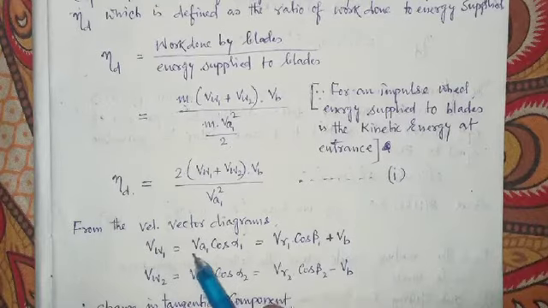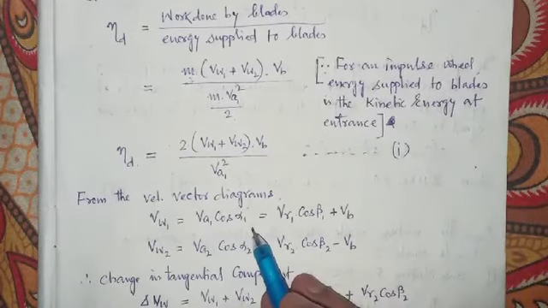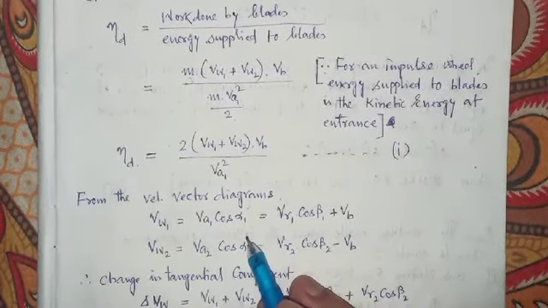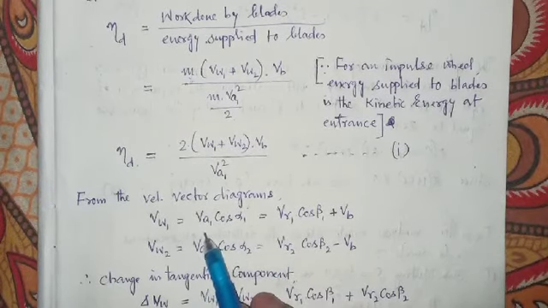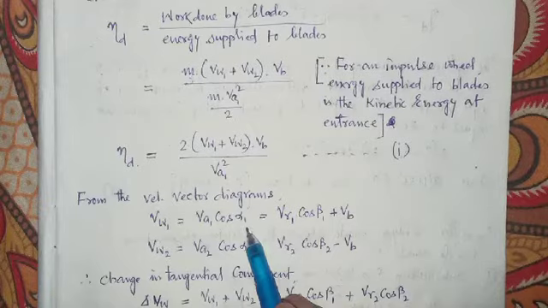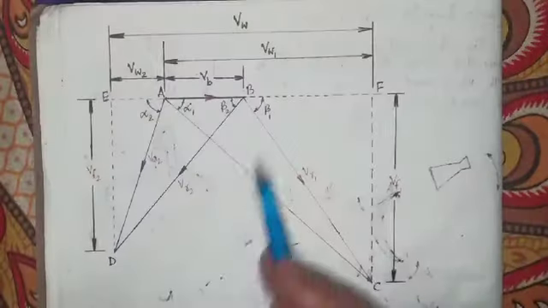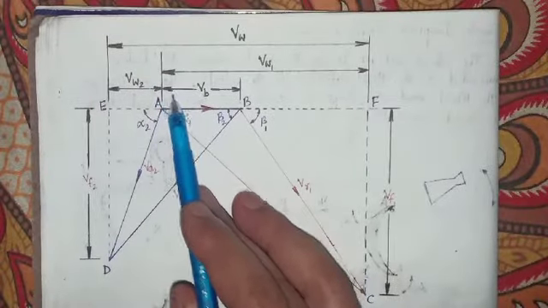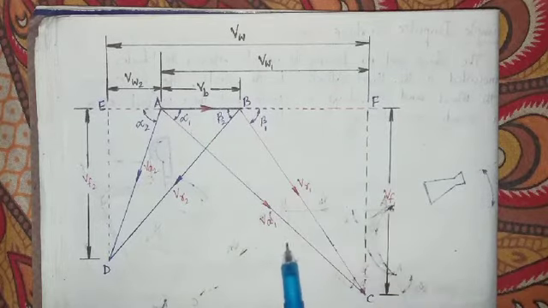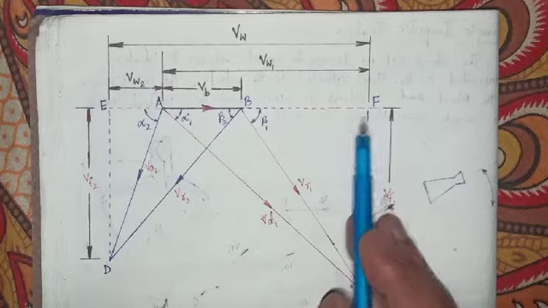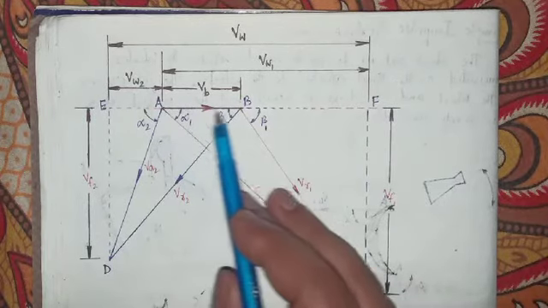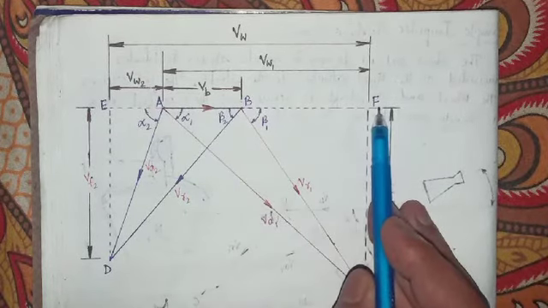From the velocity vector diagram, we have already declared that VW1 equals VA1 cos alpha 1, the component of VA1 along this direction.